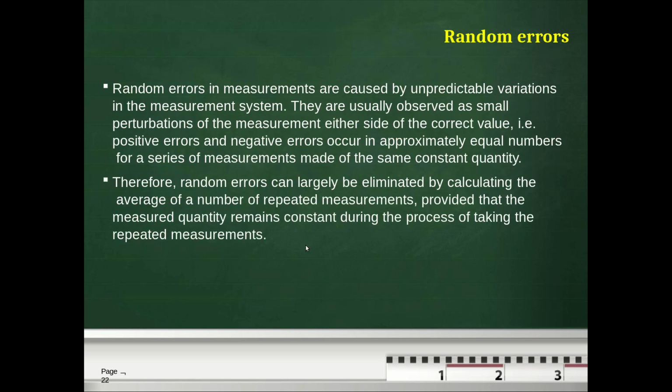Okay, now we have spoken about the systematic error. Now the random error, as I stated before, is an unpredictable variation in the measurement system, and it is equal for a series of measurements. Then we can have some expectation about it.